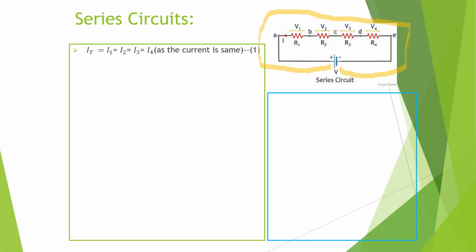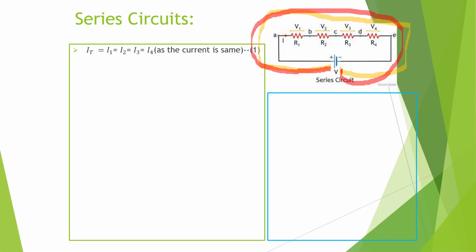See, there is no branching of current. The current flows from the positive terminal and ends at the negative terminal. There is no division of current, so we can say the current in the given circuit is the same throughout.